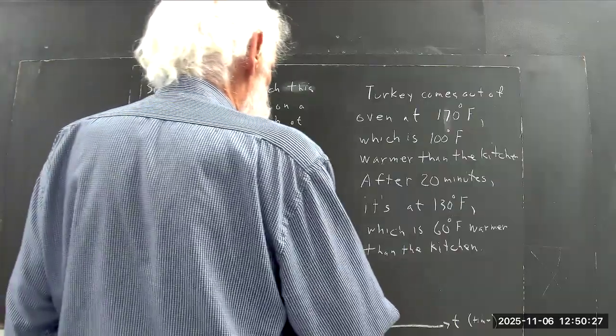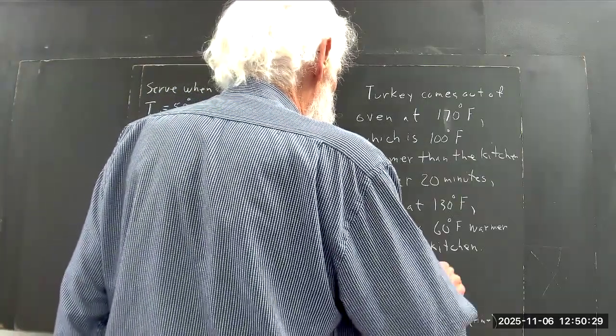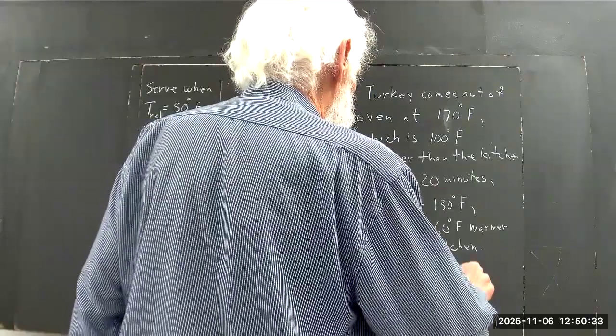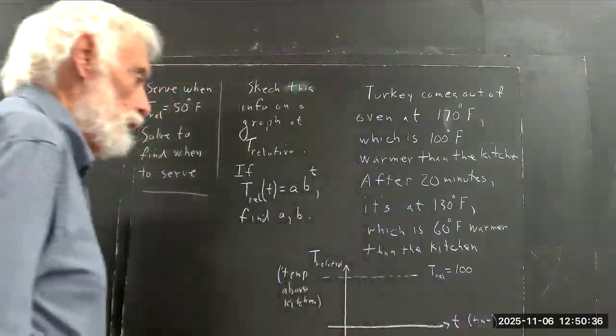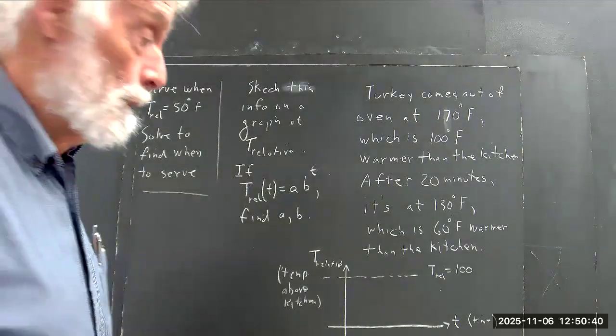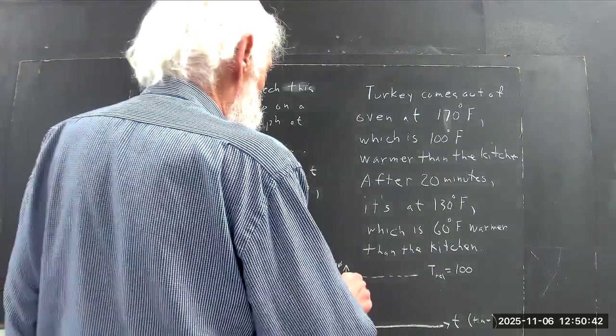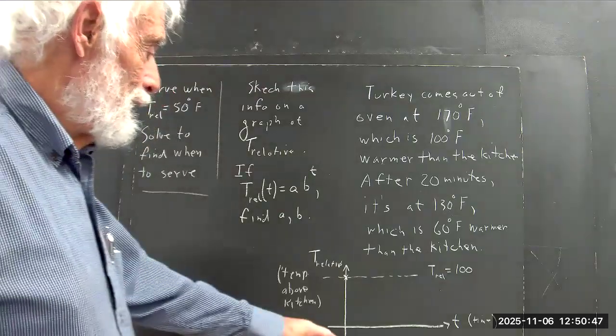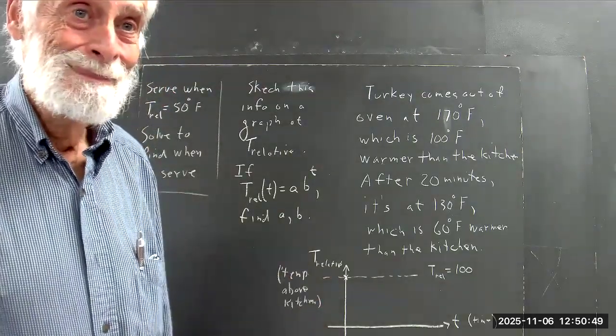So I would start by just drawing a line here for P relative equals 100. And then I would put a point here corresponding to when we're going to start timing it.